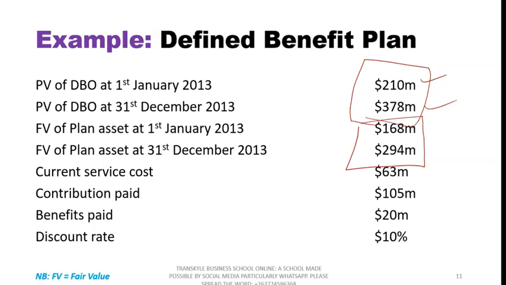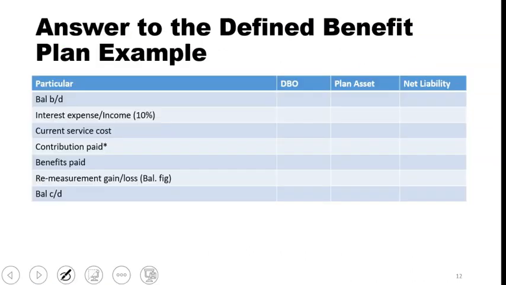Okay, so we need to try to see how we can account for this defined benefit plan. All right, so we need a table like this one. These templates, ladies and gentlemen, we just have to be accustomed to them, because if we do not grasp the templates, if we do not cast them in our hearts, then we are going to be in trouble.